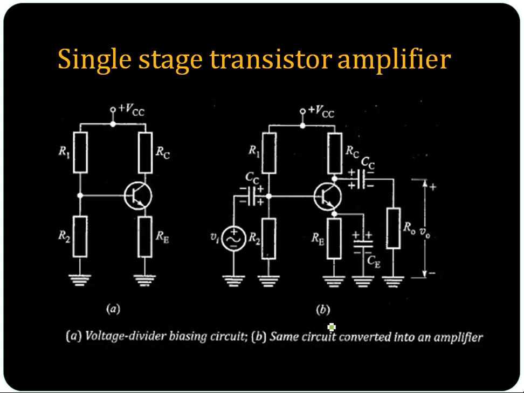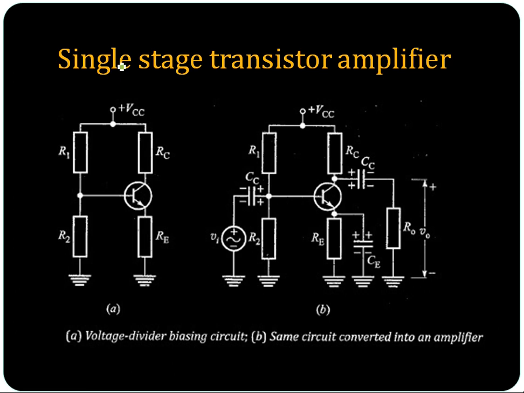Before we go into the modeling, we can start with a single stage transistor amplifier circuit. I hope you are familiar with the common emitter amplifier circuit which I have shown you while discussing the DC load line and fixing of operating point.